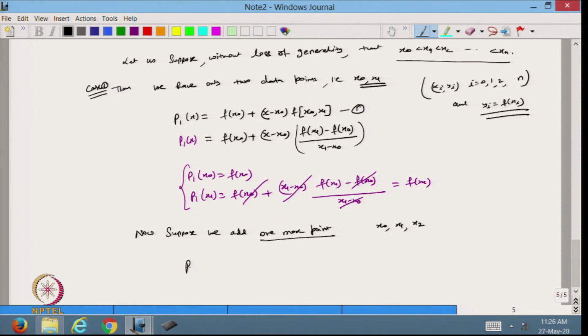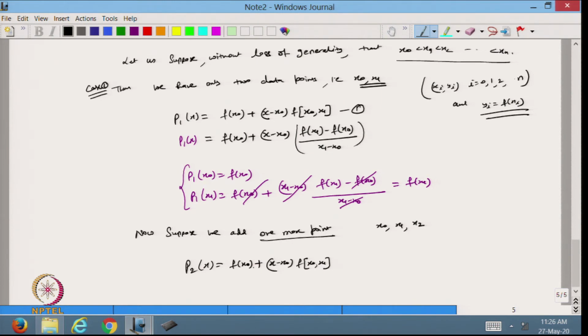Then I can write my p2(x) taking the help of p1(x). So, from here I can write this as f at x0 plus (x minus x0), that is already there, first divided difference f[x0, x1].